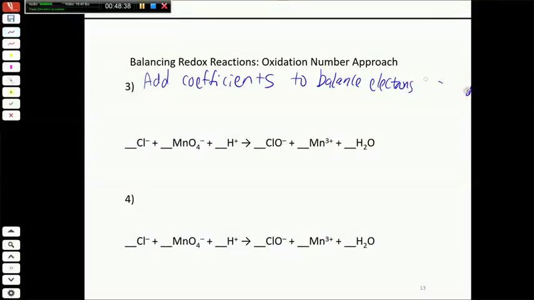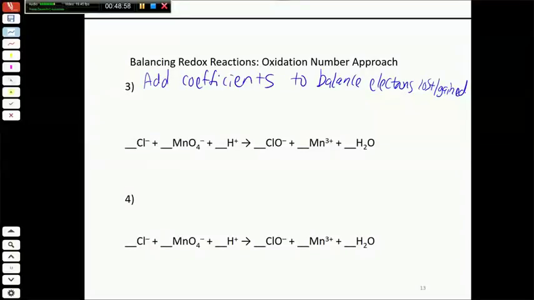I'll write that again because it's kind of squished. Okay, so the number of electrons that one thing is losing has to be equal to the number of electrons that the other reactant is gaining. You can't have electrons created or destroyed.